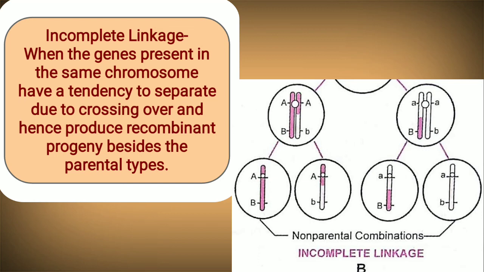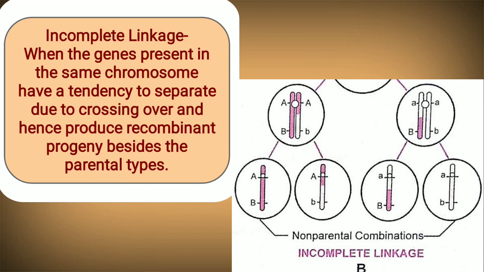For example, in one of the crosses performed by T.H. Morgan, he got the linkage ratio to be 9:1:1:8. So this is the phenomenon called linkage and the types of linkage.